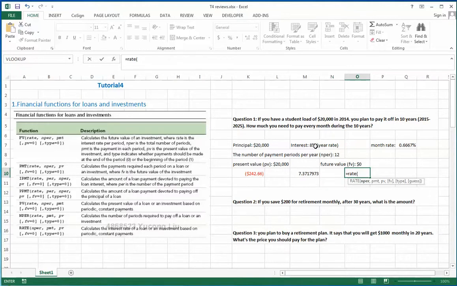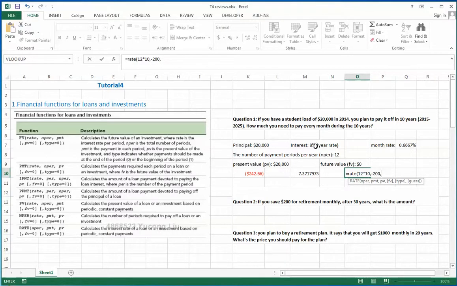Again, you want to pay 12 months times 10 years. And every month you want to pay, say, $200, negative $200.